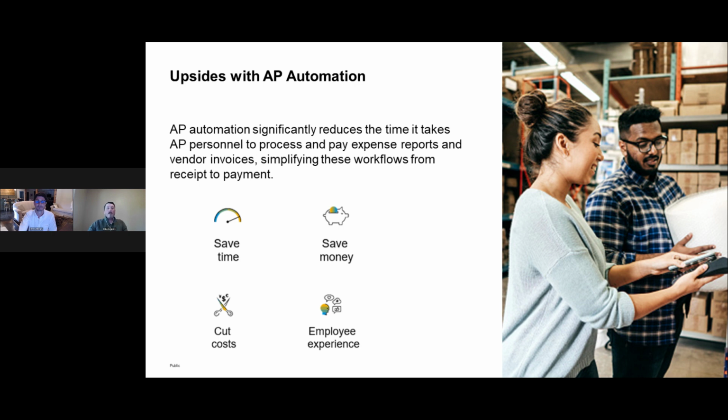Yeah, and now let's talk about some of the upsides, right? As we've talked about the benefits of AP automation and what it can mean to you. So AP automation significantly reduces the time it takes AP personnel to process and pay expense reports and vendor invoices, simplifying these workflows from receipt to payment. It's going to save time, right?